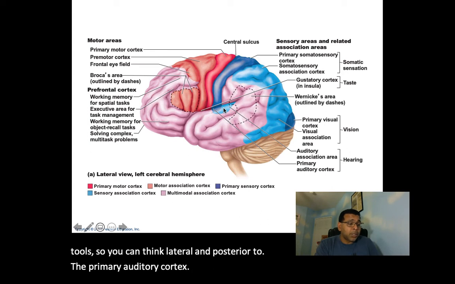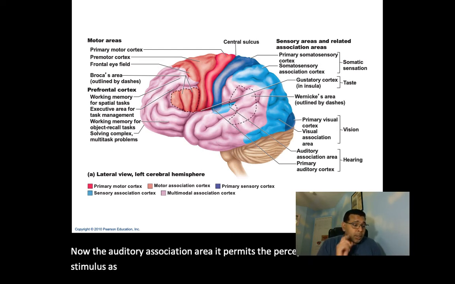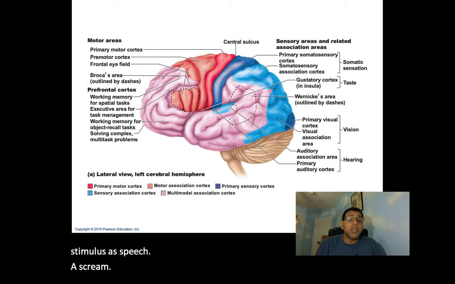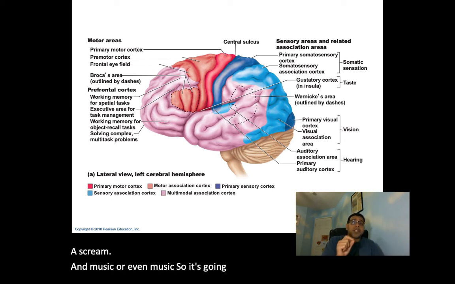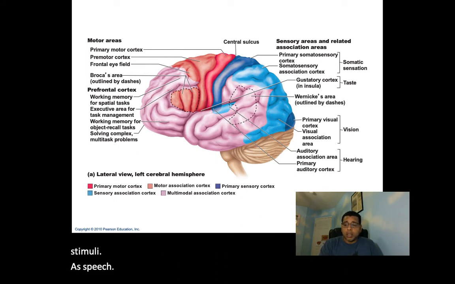Now the auditory association area permits the perception of sound stimuli as speech, a scream, or music being played.